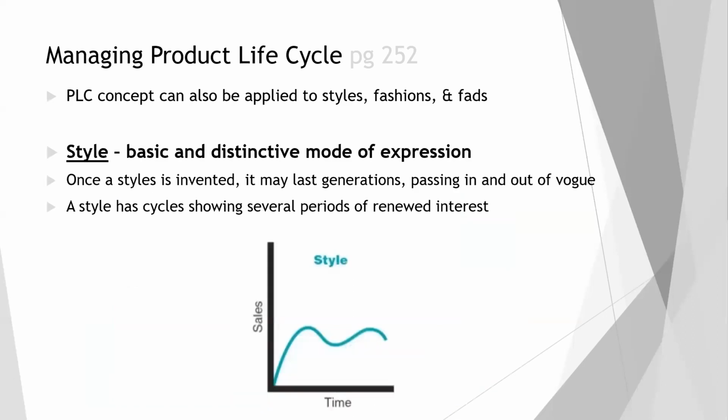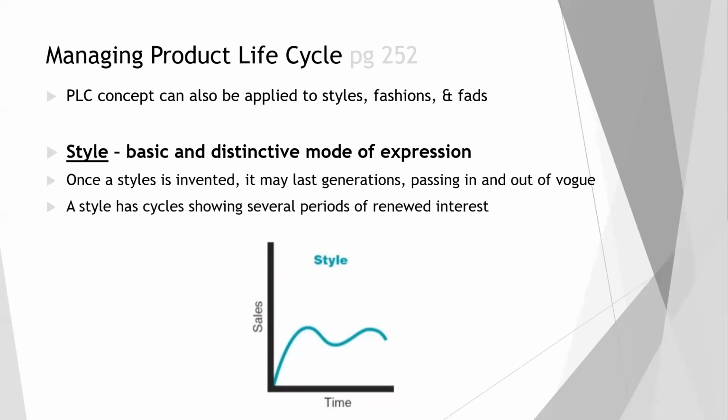And the product life cycle concept can be applied to things like styles, fashion, and fads. So let's go over what styles, fashion, and fads mean. Style is a very basic, very distinctive mode of expression. Once a style is invented, it may last for generations. It could pass in and out of vogue.